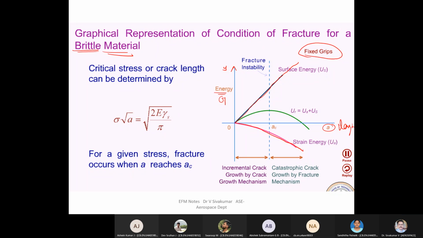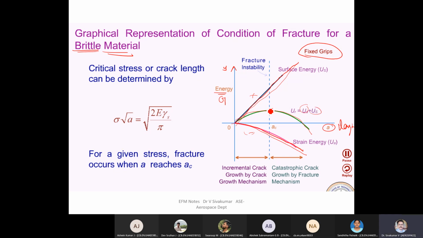When your crack advances, your strain energy will decrease like this, and because of the crack, your surface energy increases. You add both; this is positive, this is negative, and the curve will come like this: surface energy and strain energy.